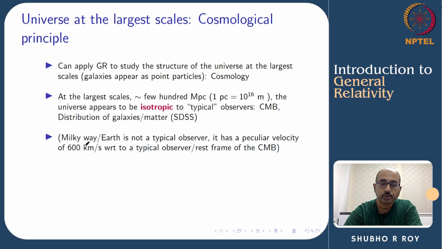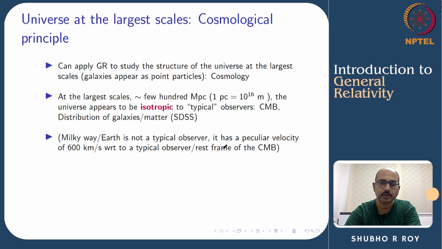By the way, I need to mention that the Milky Way, or Earth, is not a typical observer. In fact, it has a peculiar velocity of 600 kilometers per second with respect to the typical observer, that is, the rest frame of the CMB. As a result, if you look at the CMB from Earth, you see a pattern known as the dipole anisotropy.